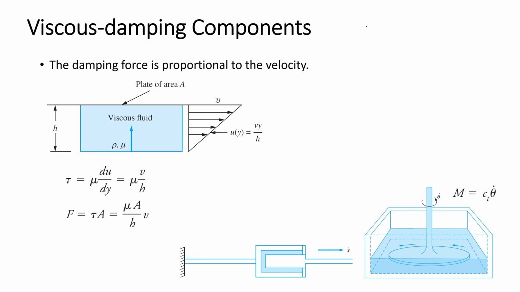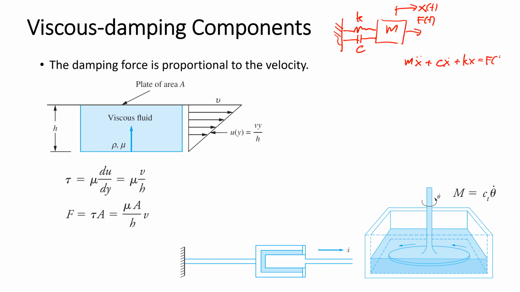If you remember, we have the spring mass damper system, and the dynamics model for this is mx dot dot plus cx dot plus kx equal to F.